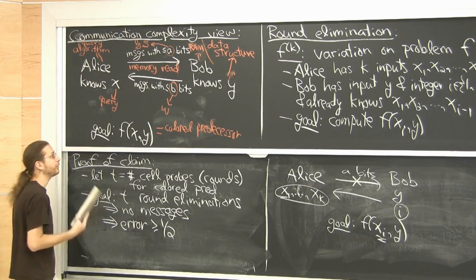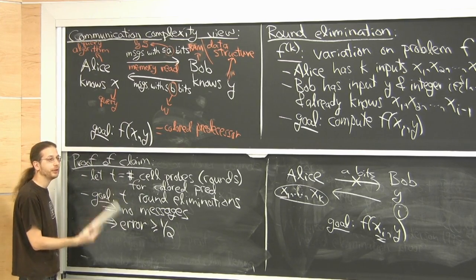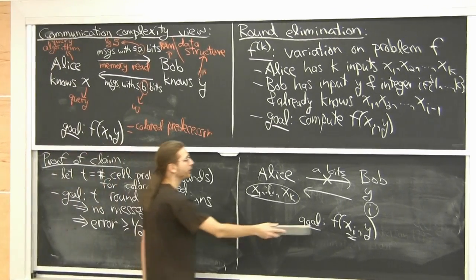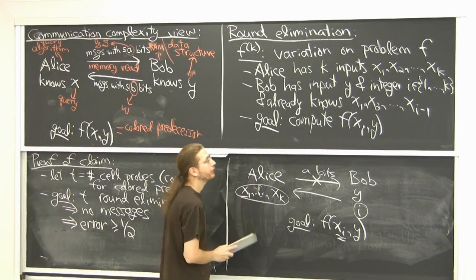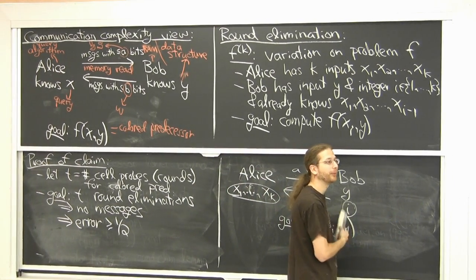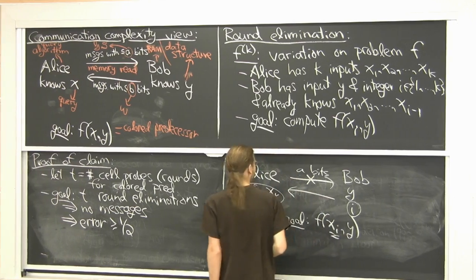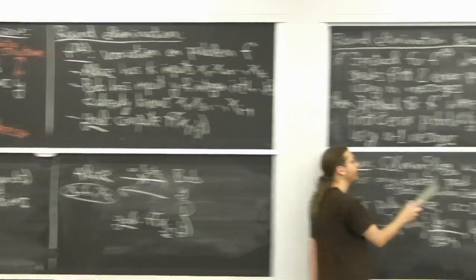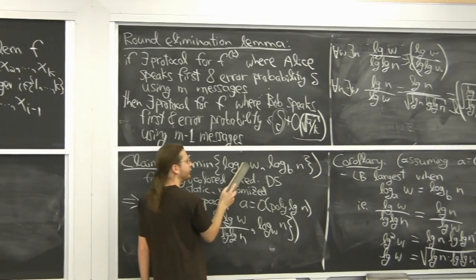So there's an asymmetry between Alice and Bob. When we eliminate a message from Alice to Bob, it's going to be different from eliminating a message from Bob to Alice. This f to the k thing here is going to have to be different when we're doing an Alice to Bob message versus a Bob to Alice message. And that's where we're going to get a min. When we go from Alice to Bob, we're going to be essentially contributing to this term.